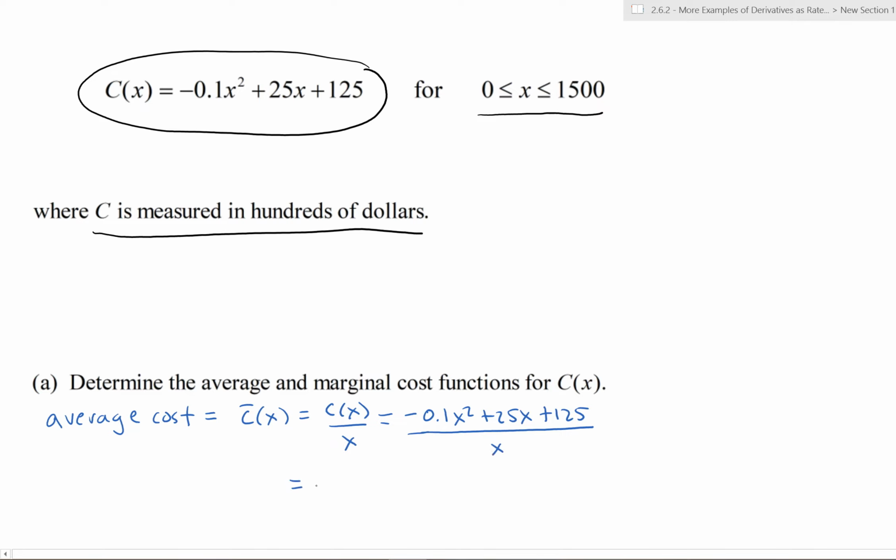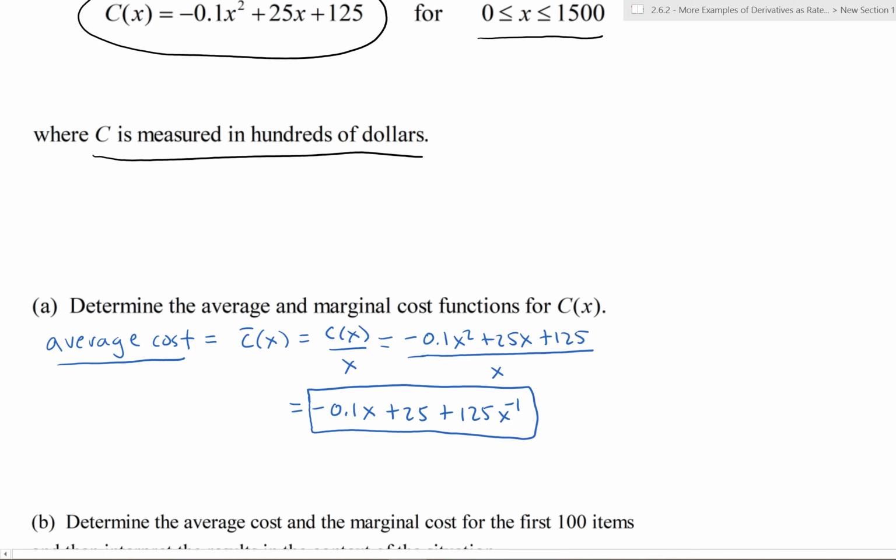We'll just take each term in the numerator and remove a factor of x, and we get negative 0.1x plus 25 plus 125x to the negative 1. Of course, that last term, 125 divided by x, is the same as 125x to the negative 1. So there's my average cost function for this particular situation.